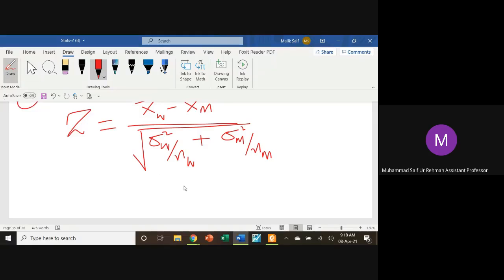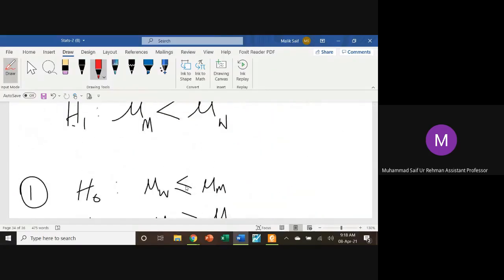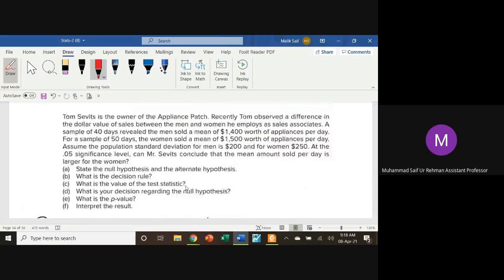So what is x̄w? x̄w is 1500 and x̄m is 1400 for men.